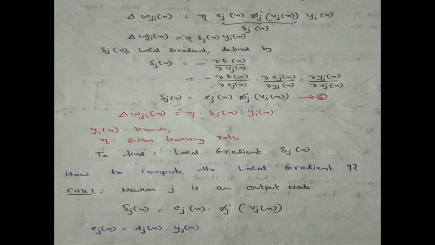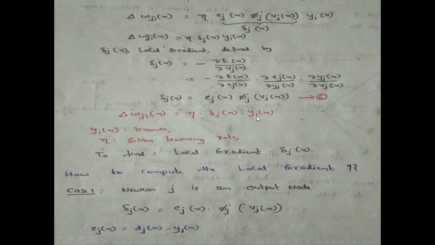Now with respect to the local gradient delta j of n, we can express the change of weights delta Wji of n as equal to eta times the local gradient delta j of n times Yi of n.